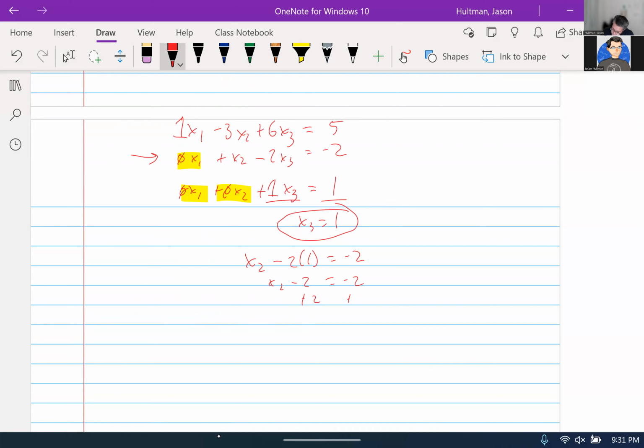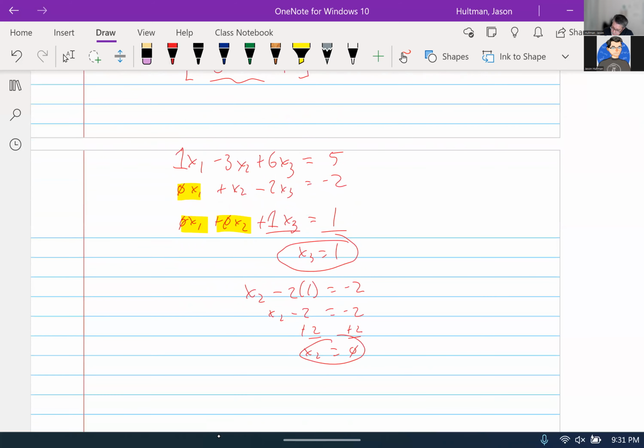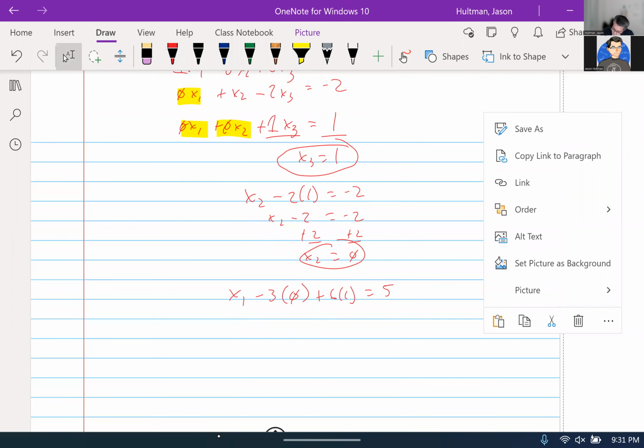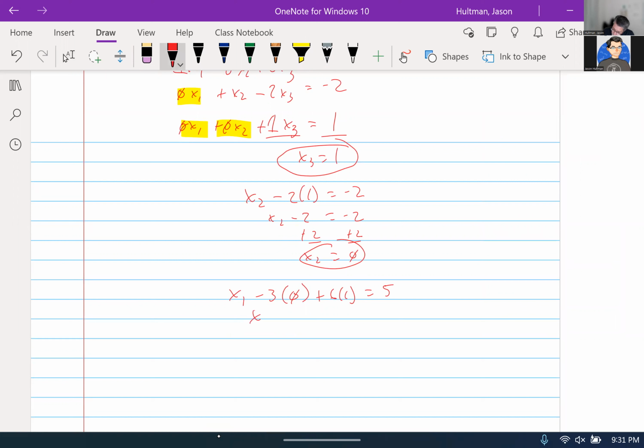If I add 2 to both sides, I get x2 equaling 0. Then x1 minus 0, this just goes away, plus 6x3, which is 1, is equal to 5. So x1 plus 6 is equal to 5. Subtract off the 6, and we get x1 equals -1.